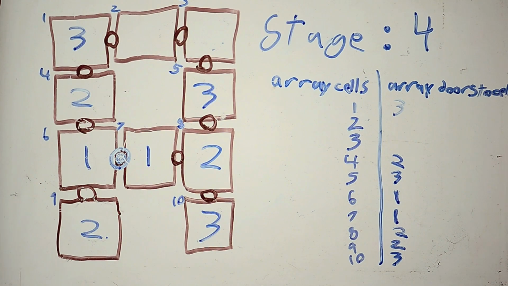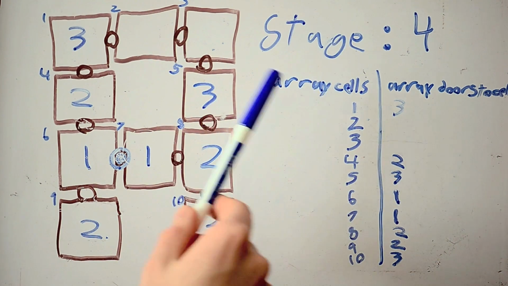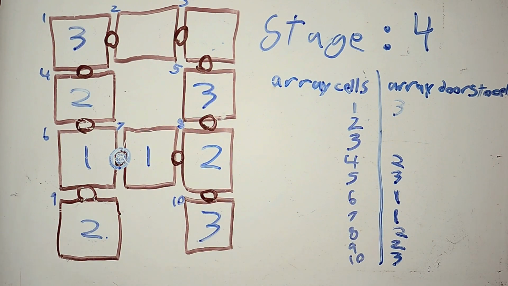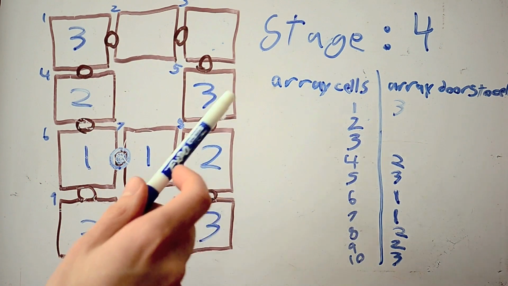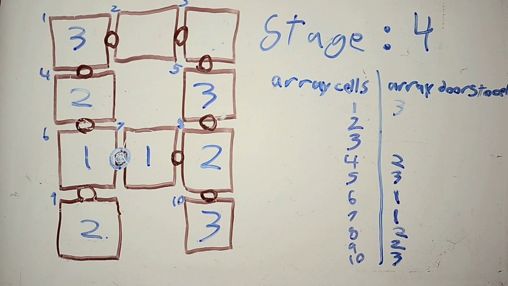Alright, so just like in the last stage, we're going to look at all of the cells from the last stage, which is stage 3, and we're going to look at all of the doors attached to those cells. So we have this door, this door, this door, this door, and this door, and now we need to look at all of the immediate cells to those doors that I just pointed out.